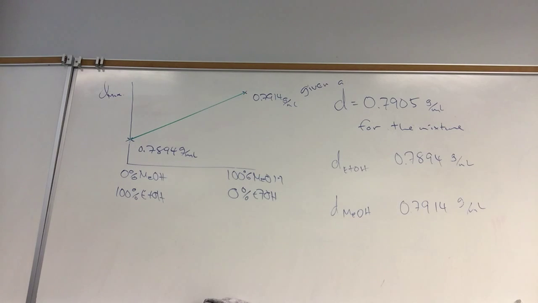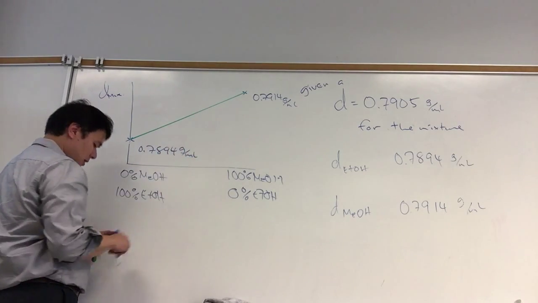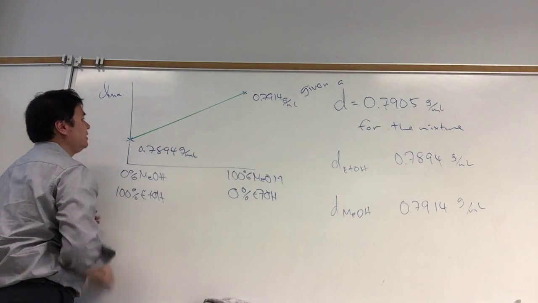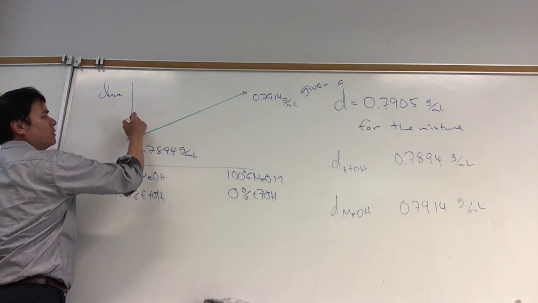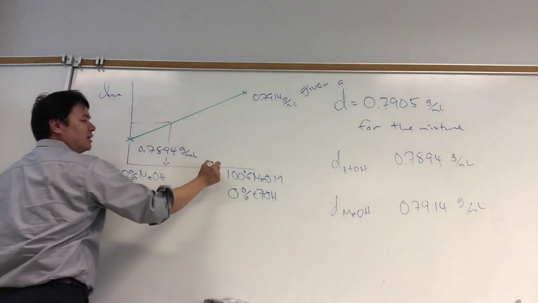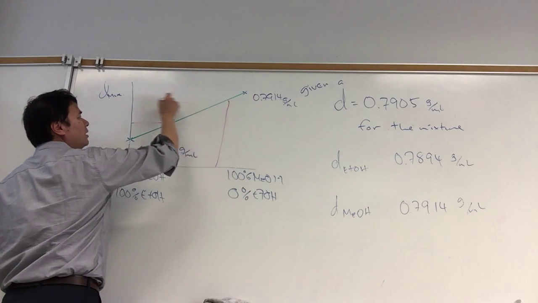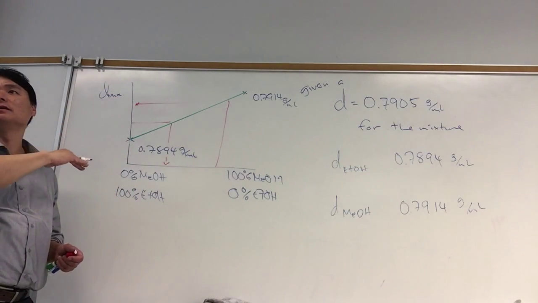Using Excel is very rapid, but graphing by hand, do you like graphing by hand? No. But when we have the whole forest like this, then it's easy to see that at any density between 0.7894 and 0.7914, we can figure out the composition based on that. Or at any composition, we could figure out what its density should be. Just get a ruler, right?